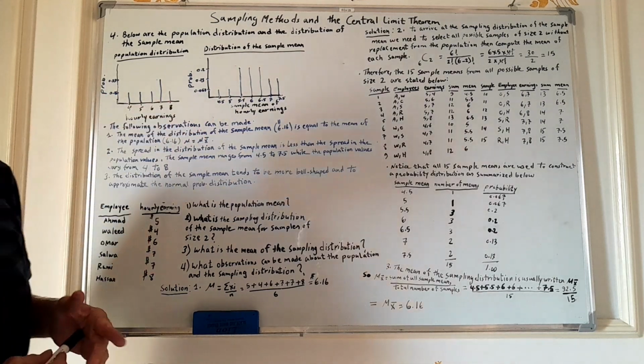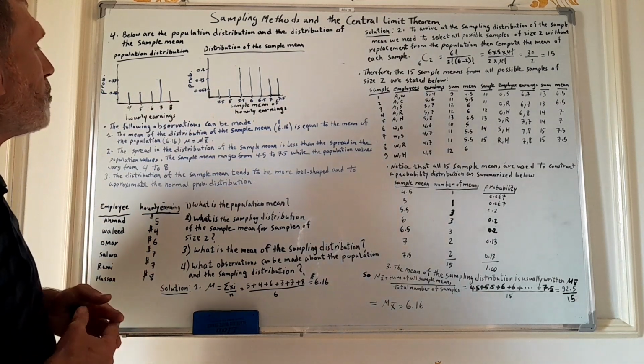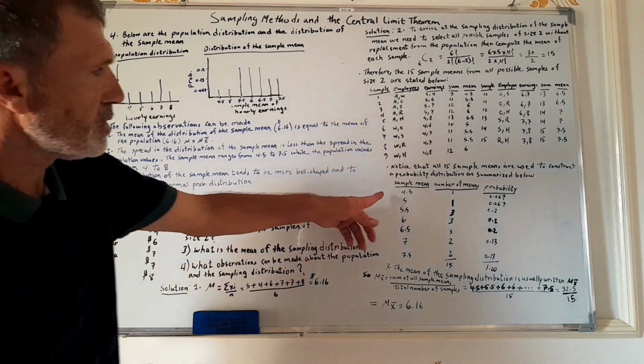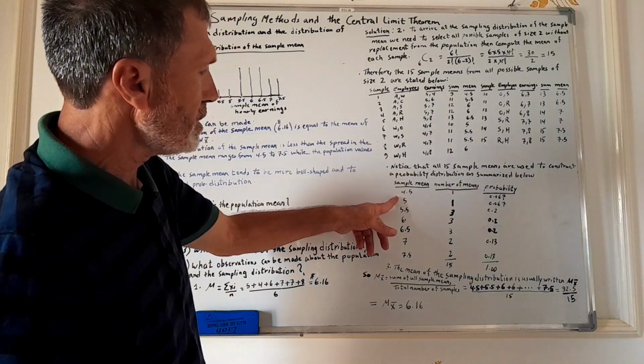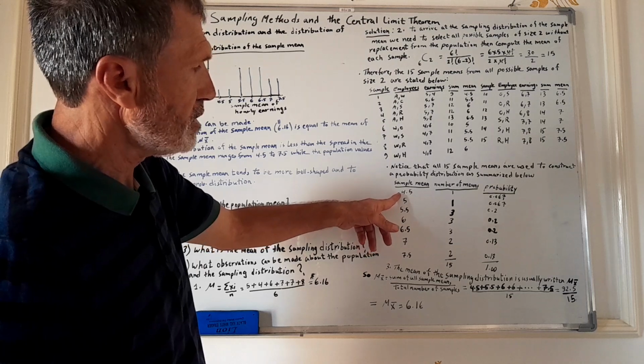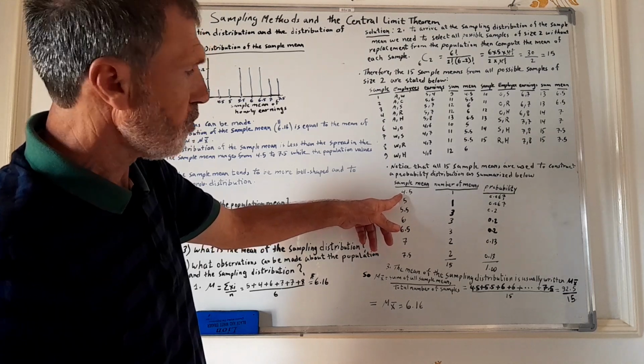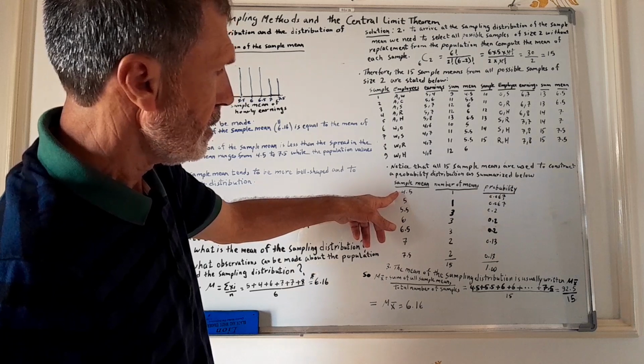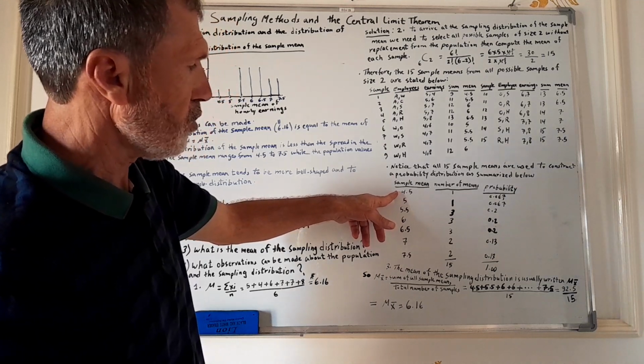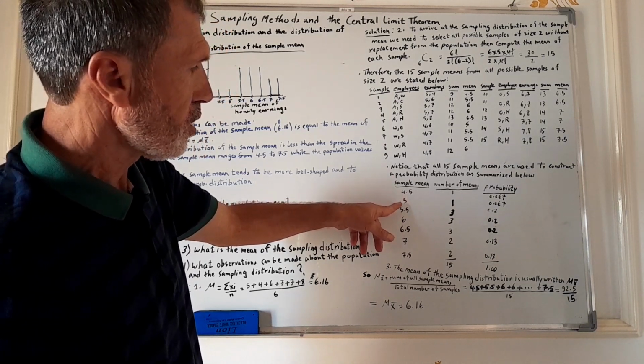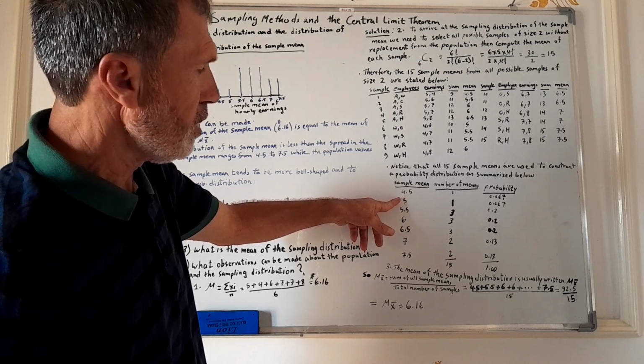What about the distribution of the sample means? As you see over here, we have one sample whose mean is 4.5. How about 5? We have only one.